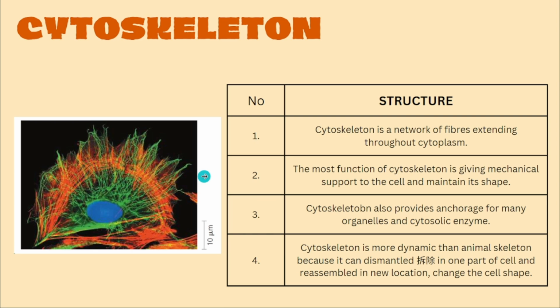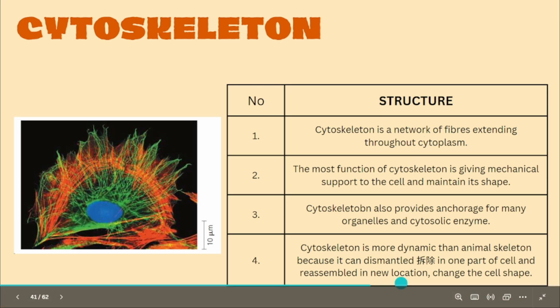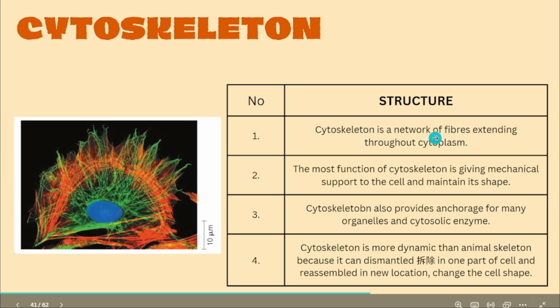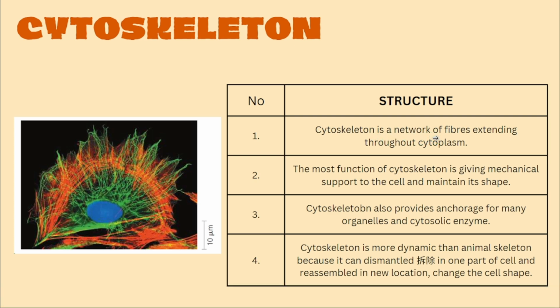So what is the cytoskeleton? Normally the cytoskeleton is a fiber network that extends throughout the cytoplasm. As I mentioned before, you can say it acts like a bone in our body. So in cells, the bone is what we call the cytoskeleton.